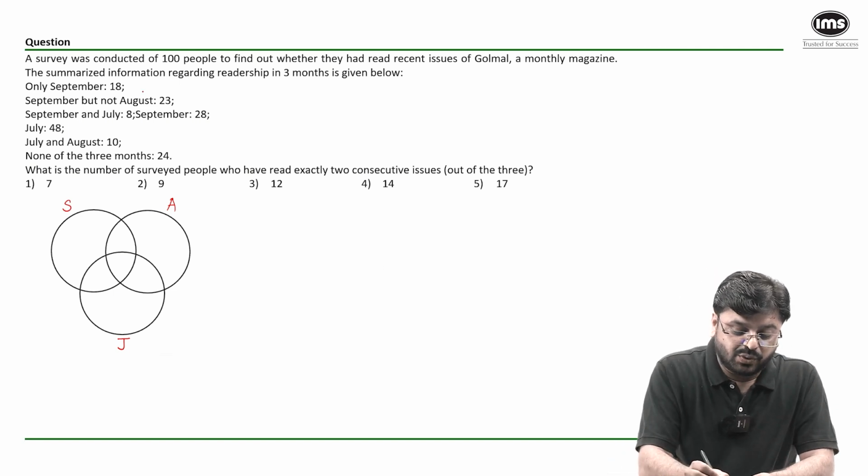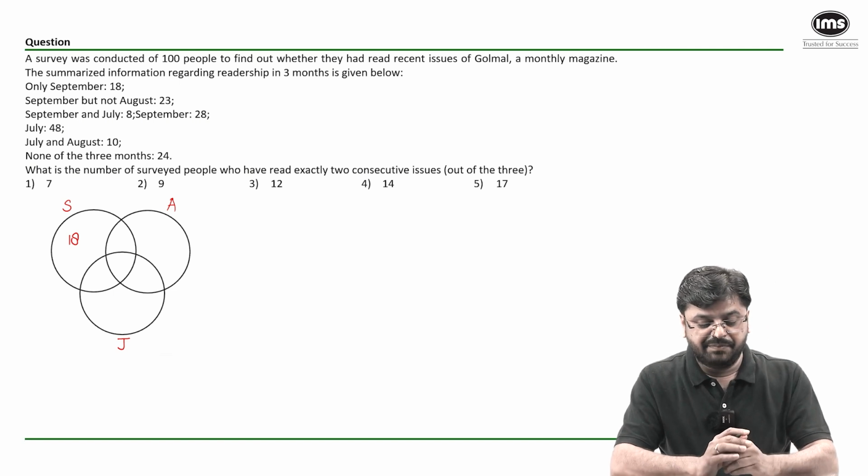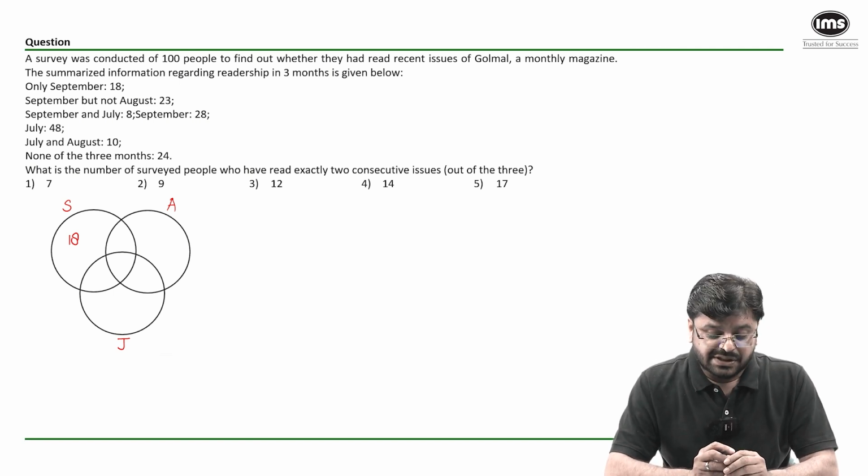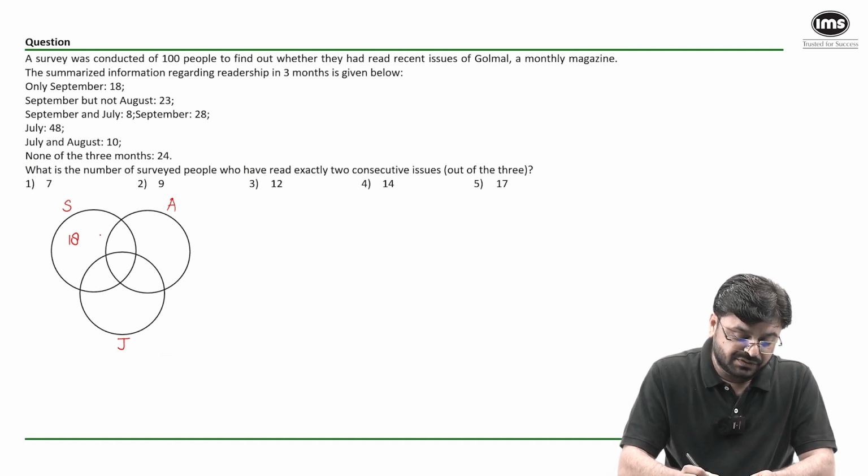Okay. So only September means this area. So there are 18 people who read only the September issue. September but not August, which means we are talking about this part.